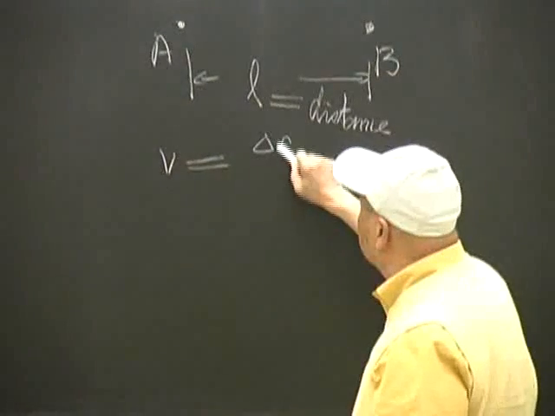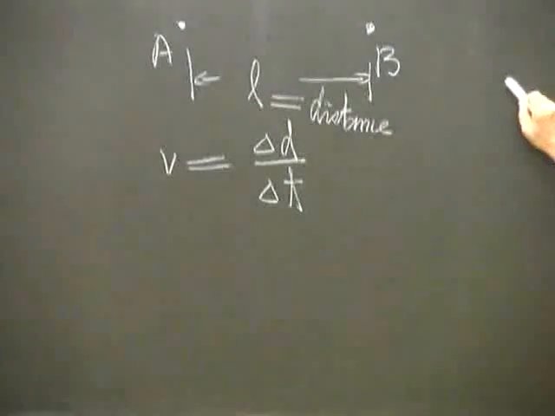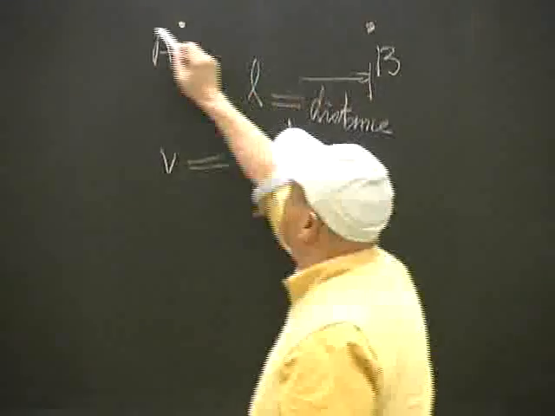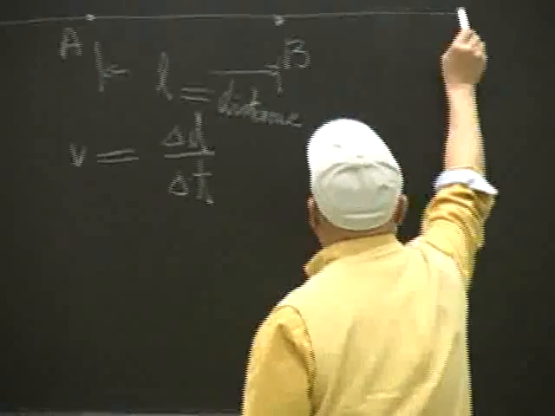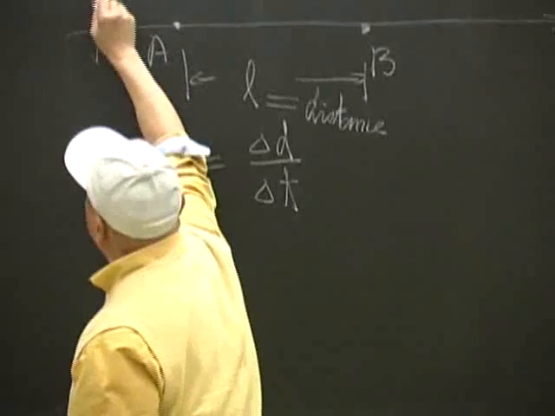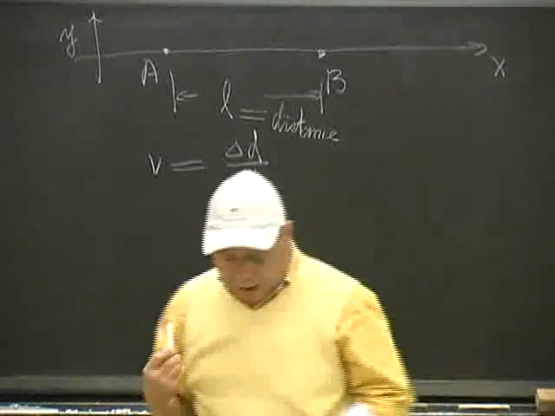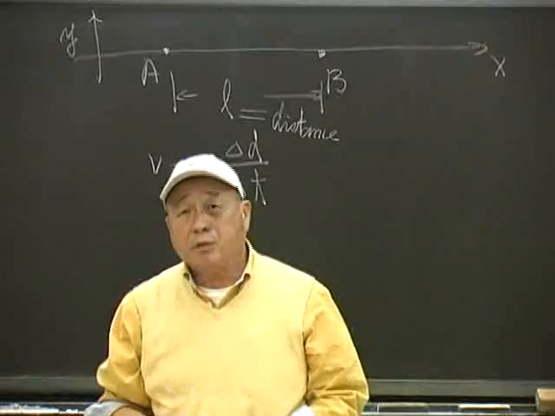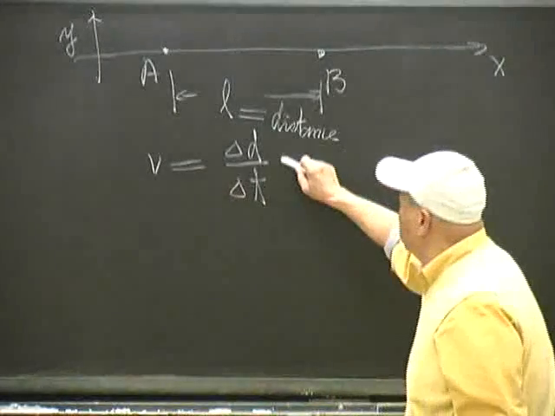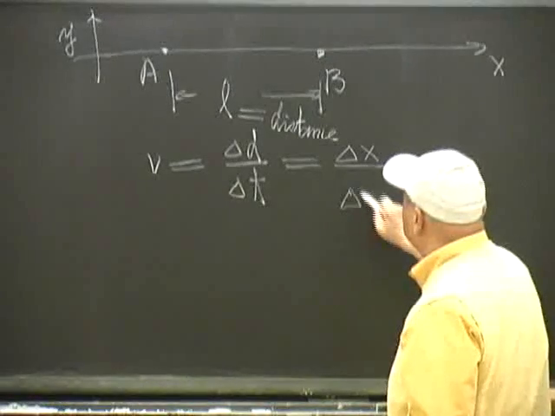Then it's delta D over delta T. If you measure with a coordinate system where the horizontal direction is the x direction and the vertical direction is the y direction, then delta D over delta T should be changed to delta x over delta t.